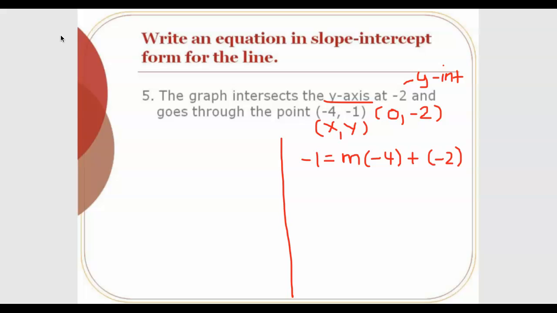Or I can find the slope of the line the way we did in section 3 by taking y2 minus y1 over x2 minus x1.